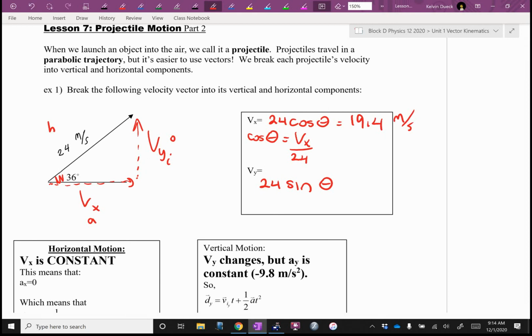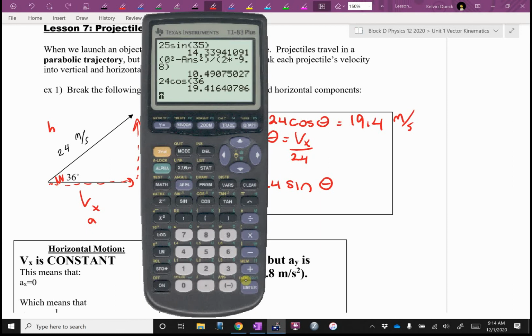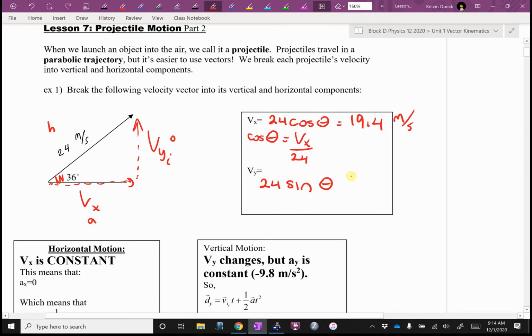That's dead accurate. And Vy is sine. 14.1. Carter, are we ever going to use the slanty velocity? No, not once we've done components.